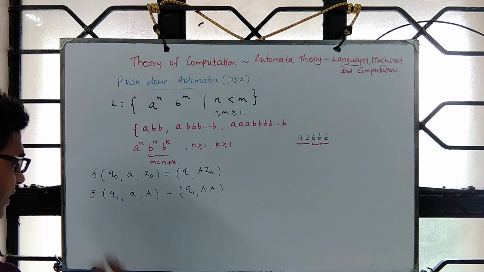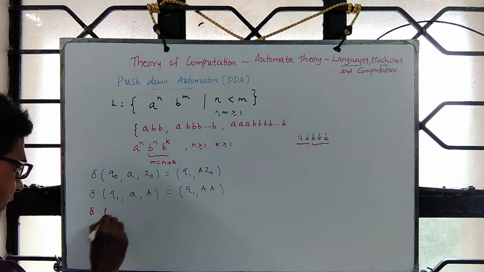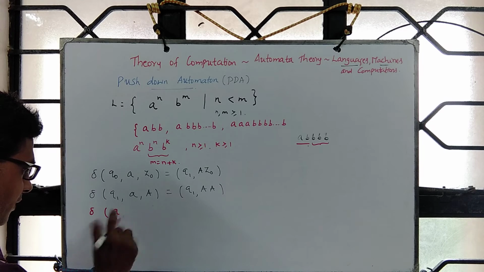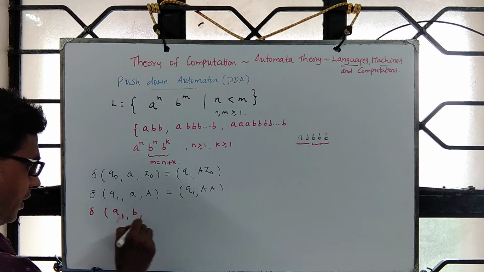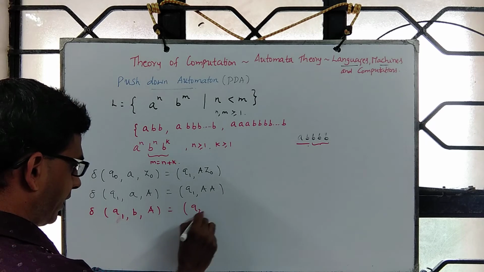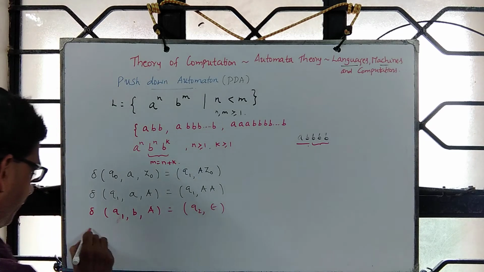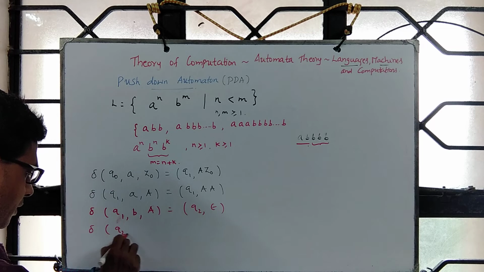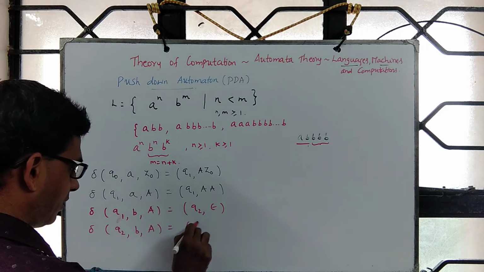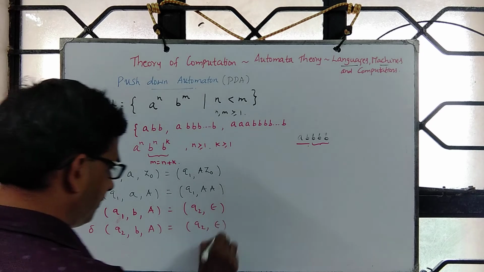Now at this point in time we read a b, and the top symbol is this, we say perform pop, q2 comma b comma capital A, we say pop.